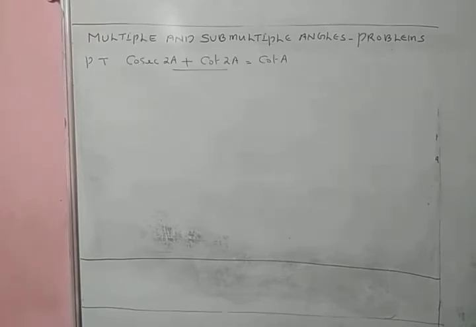Next problem, prove that cosec 2a plus cot 2a is equal to cot a. Take the left hand side and simplify. Then show that left hand side is equal to right hand side. Cosec is same as 1 by sin. Therefore, cosec 2a is 1 by sin 2a. Cot 2a is cos 2a by sin 2a.